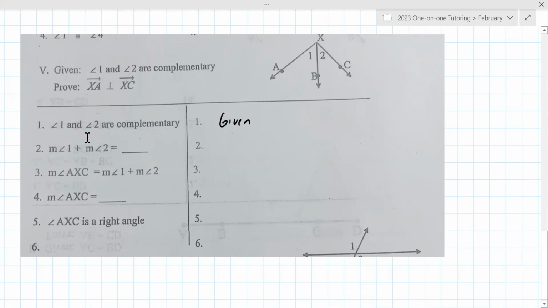If they're complementary, that means that the measures of the angles add up together to 90 degrees. And then that becomes the definition of complementary.